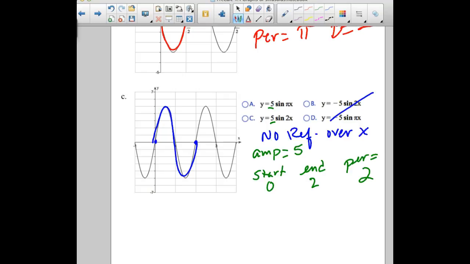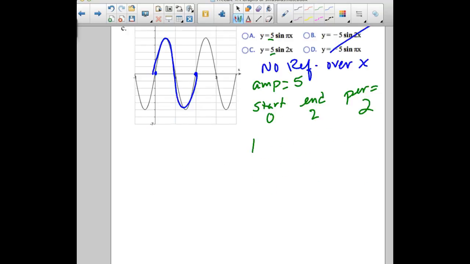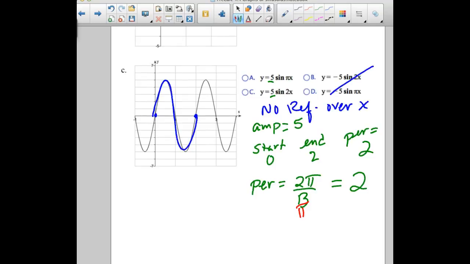So when I look at what b has to be, period is supposed to be 2 pi divided by b, but I'm supposed to get just a plain 2 for an answer to that. So what is b going to have to be? It's going to have to be a pi. So if this was a pi in here, the pi's would drop out. So I need the function up here where a b term is pi. Does that make sense? All right.